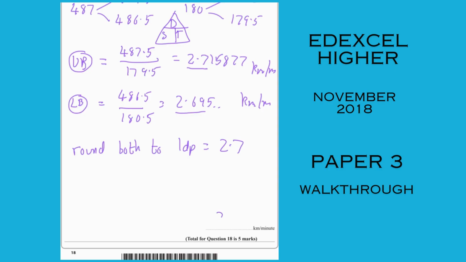That is a sensible degree of accuracy, because your upper and lower bounds are the same to 1 decimal place. That's a good answer. On we go.